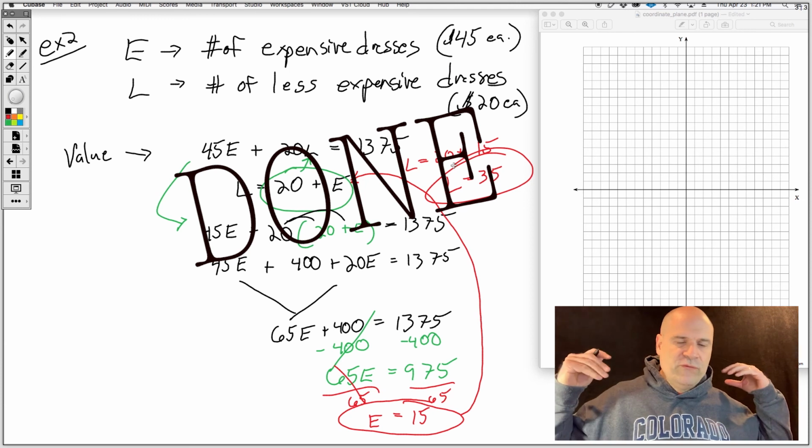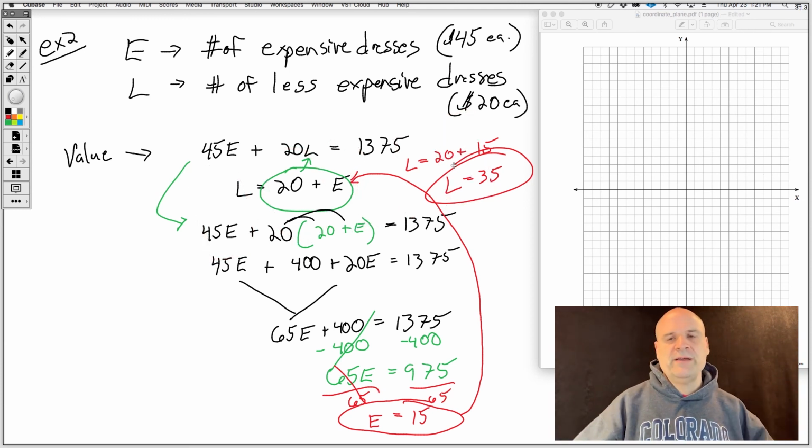So you have 15 expensive dresses and 35 less expensive dresses. Cool. There's really not anything too different about that. It's just like our coin problems, except instead of 5 cents for every nickel and 10 cents for every dime, it's $45 for expensive dresses and $20 for less expensive dresses. Does that make sense?